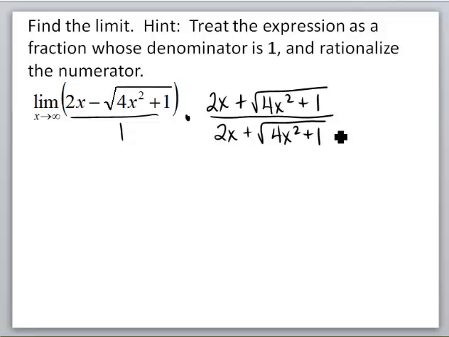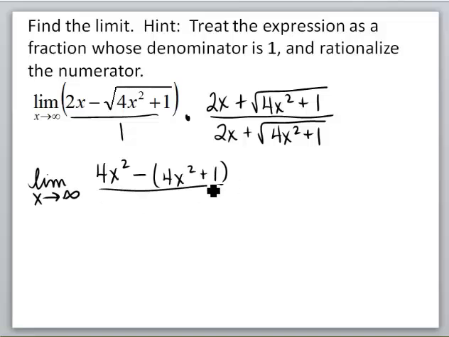What this ends up giving me then is the limit as x approaches infinity. And I'll go ahead and start multiplying those things together. I get 4x squared, and then the outer terms fall out. So I have minus 4x squared plus 1 all over 2x plus the square root of 4x squared plus 1.